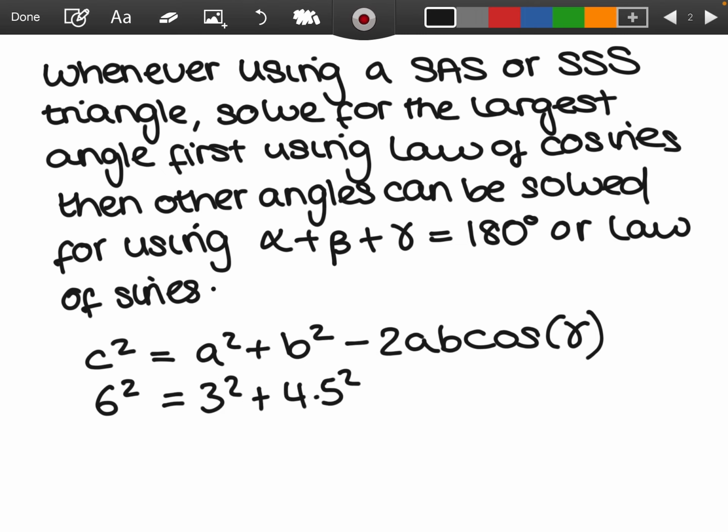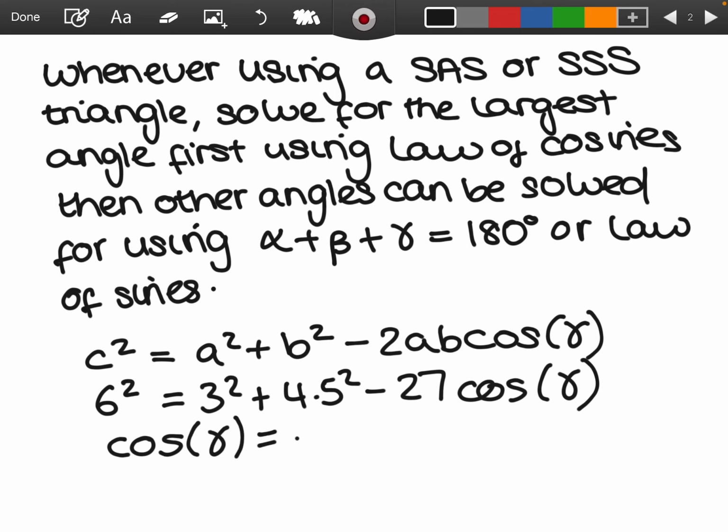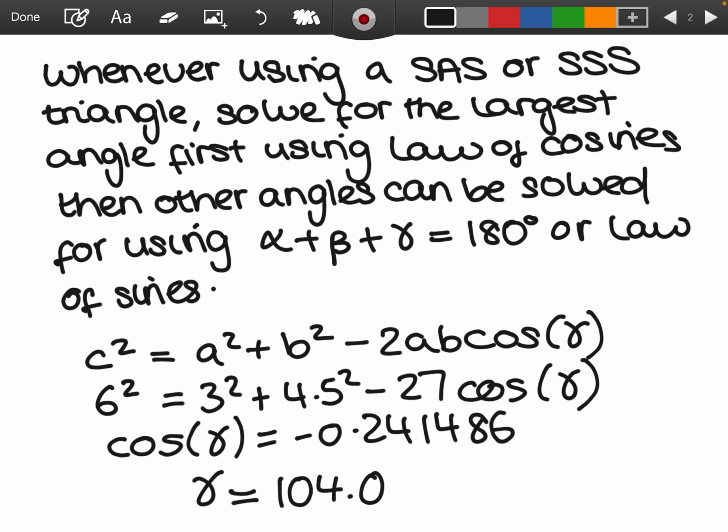So I'm going to have 6 squared is equal to 3 squared plus 4.5 squared minus 2 times 3 times 4.5, which will give me 27 cosine of gamma. You then rearrange for cosine gamma, and you should find cosine gamma is going to equal negative 0.241486. And by doing cosine inverse of that value on your calculator, you get 104 degrees.